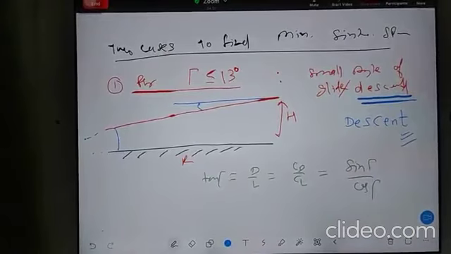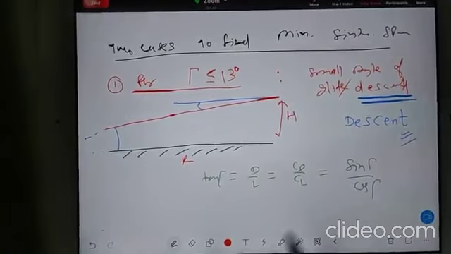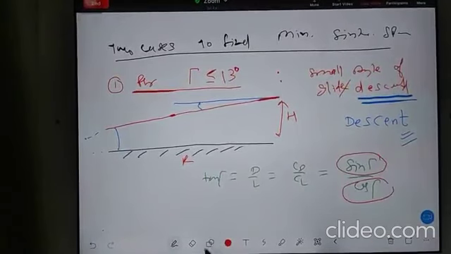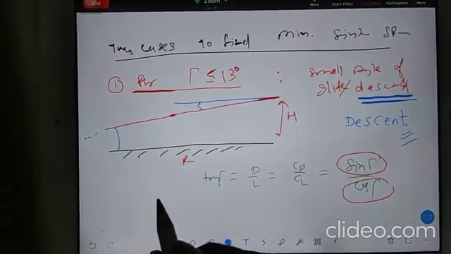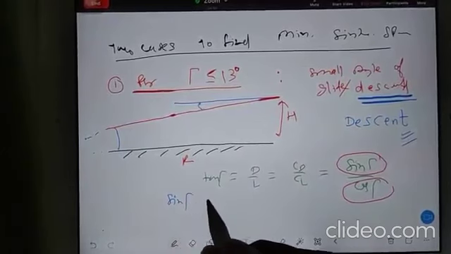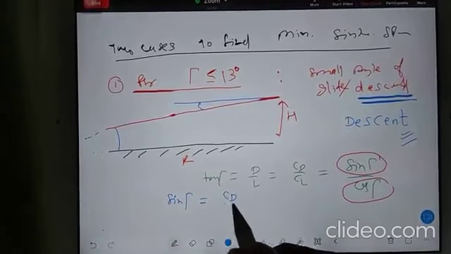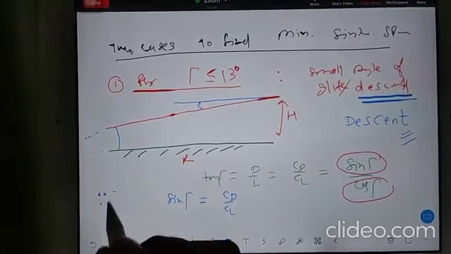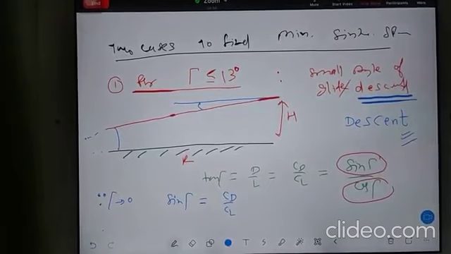We have a lot of assumptions in mathematics. One assumption says, if your gamma is this much less, then of course you can consider that your cos gamma became 1 and this sin gamma will be alive. So then you can write your sin gamma is actually CD by CL. Since gamma tends to 0 we are considering, then we are writing this approach.